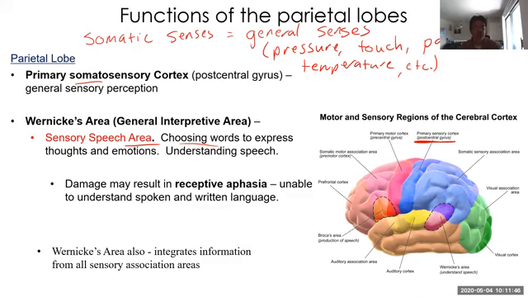So, sensory speech area. So with Wernicke's aphasia, you may lose the ability to understand language. Whether it's spoken or whether it's written, you may lose that ability.